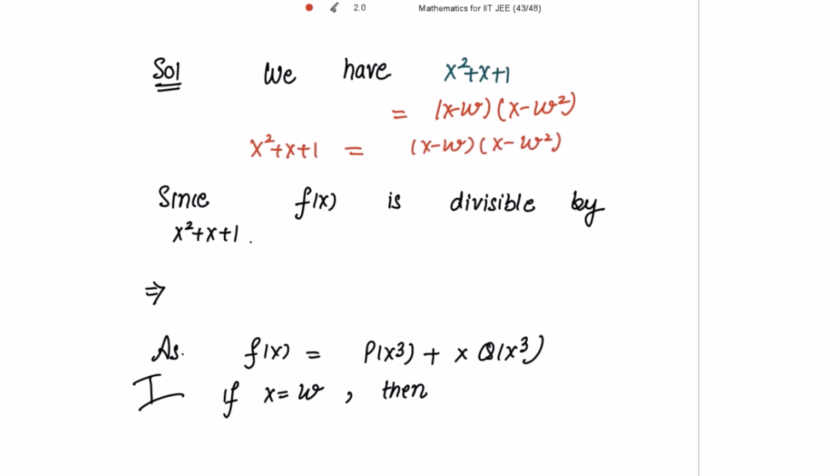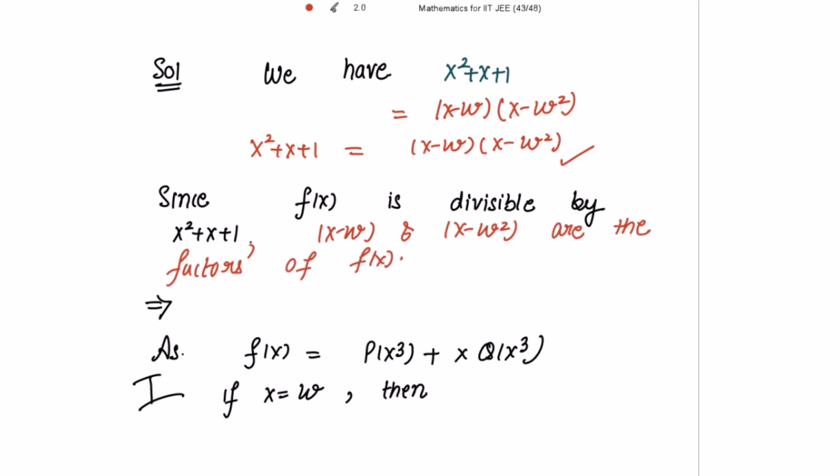Since f(x) is divisible by x² + x + 1, f(x) is divisible by (x minus omega)(x minus omega square), which means x minus omega and x minus omega square are both factors of f(x).